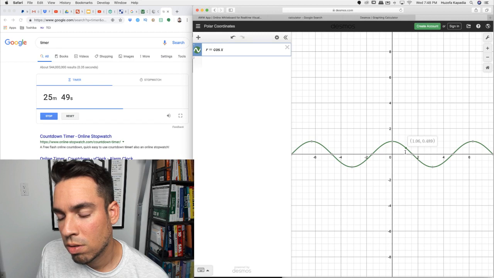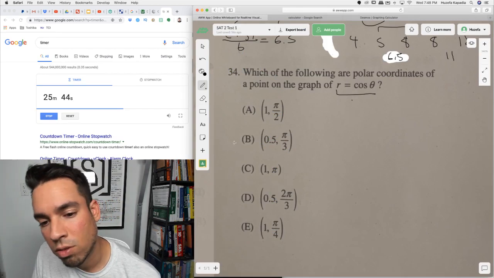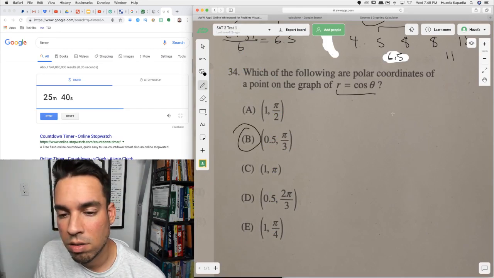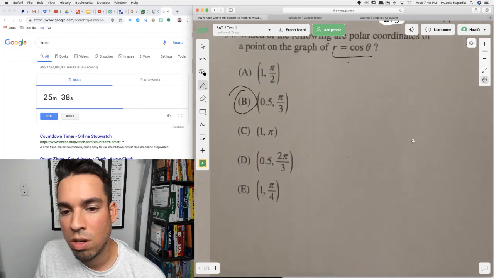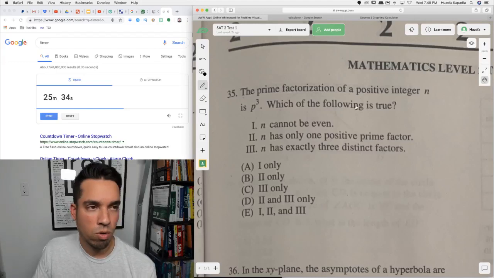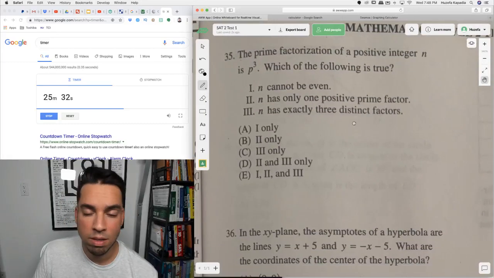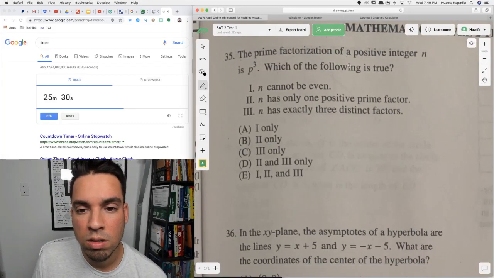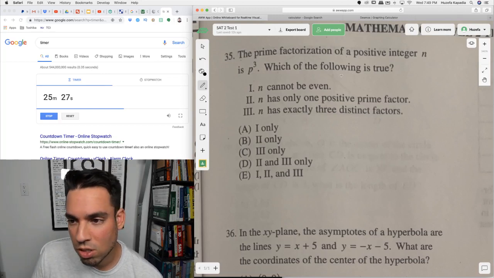Hold on. 0.5 is about... Okay, I'm going to go with 0.5 pi thirds. I don't know why. Let's just roll with that because it's coming down. We'll see if it's right. I'm feeling like that would be the x and y sort of coordinates of cosine, so maybe it's the same deal. But we'll look into it.